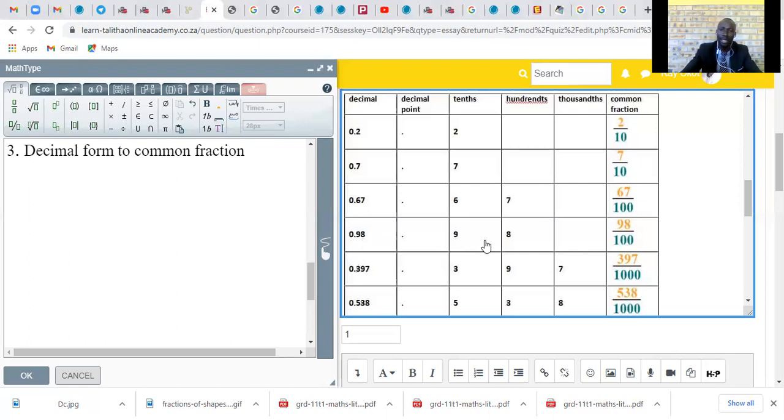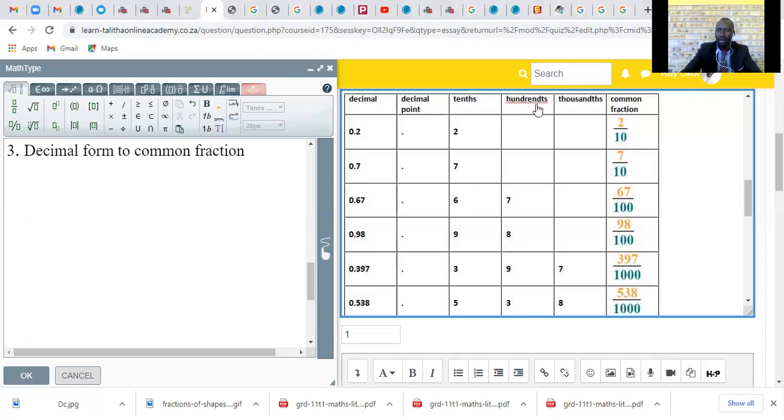So we had said that 8 is under 100. And so, since we want to write all this as 0.98, we will write it as 98 divided by 100. Why? It's because 8 is under 100. So we now divide it by 100.